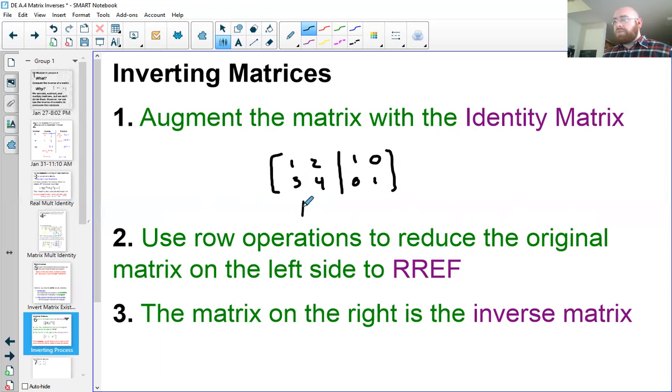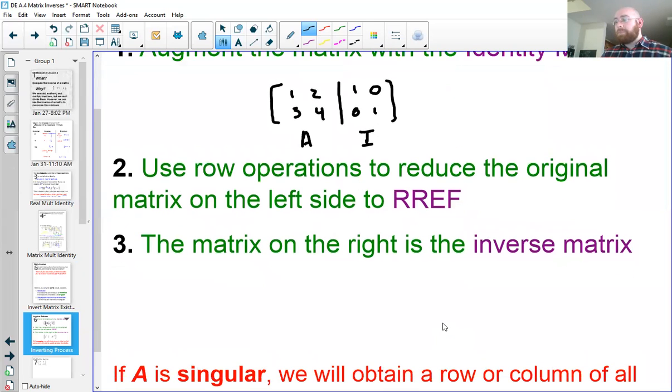So this is our matrix A, and we augment it with the identity matrix I. We're then going to use row operations like we did in solving systems of equations with matrices to reduce the original matrix on the left side to reduced row echelon form. The matrix on the right side is the inverse matrix.